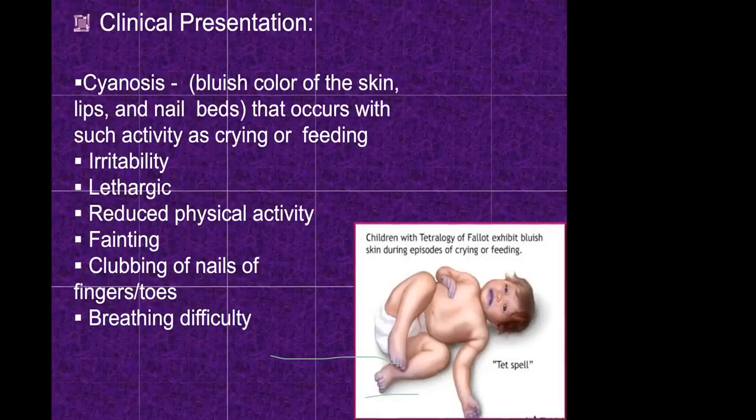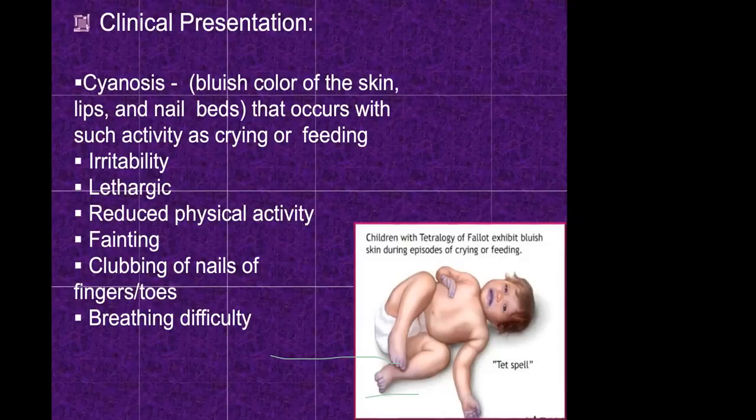But anyways, for the TOF patient, what happens is that due to pulmonary artery stenosis, the RV has to work harder to push blood into the lungs, thereby increasing the RV pressure and size. Due to the presence of the VSD, blood passes from the RV into the left ventricle, and mixing of blood takes place.